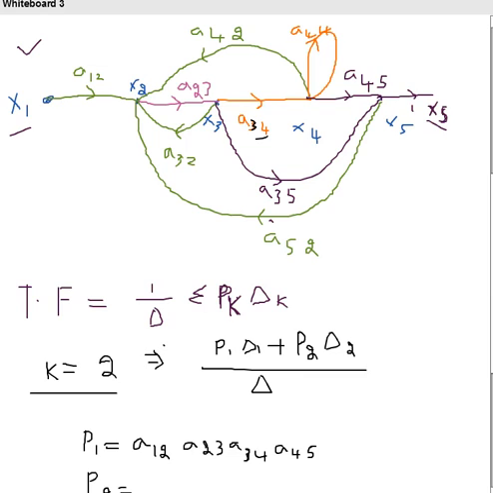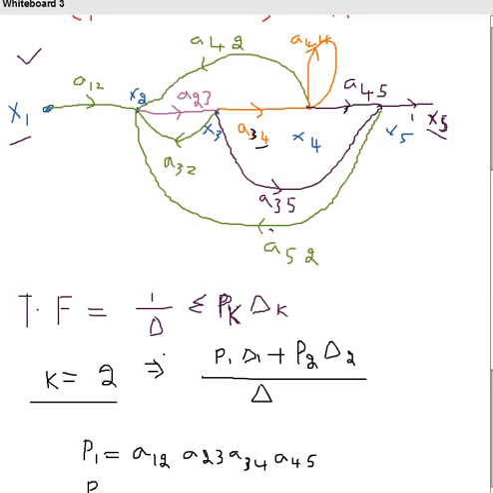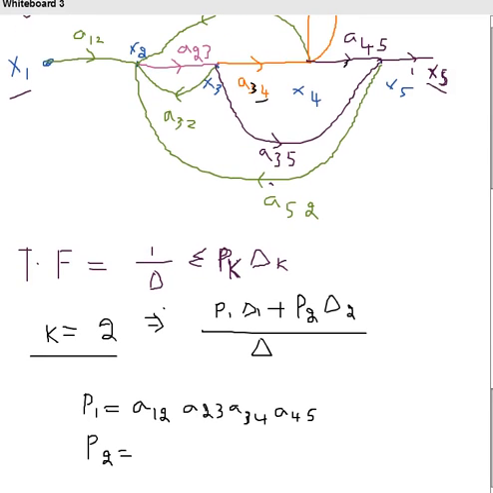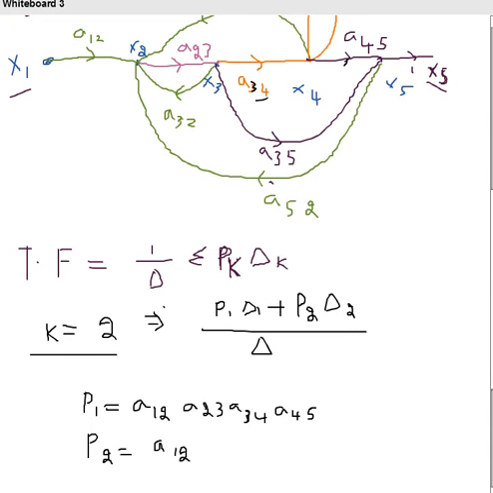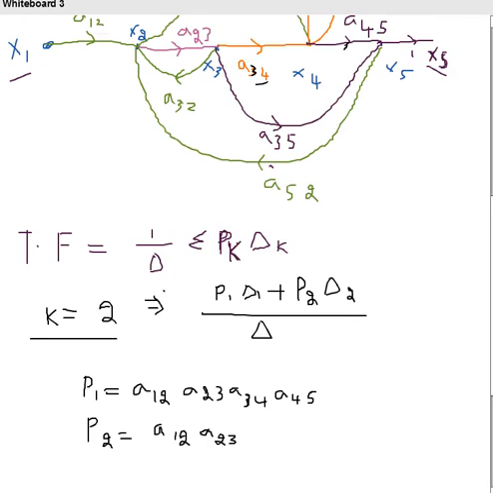Similarly, if you observe clearly, this is also one forward path: A12, A23 and then A35, into 1. So these are the forward path gains.